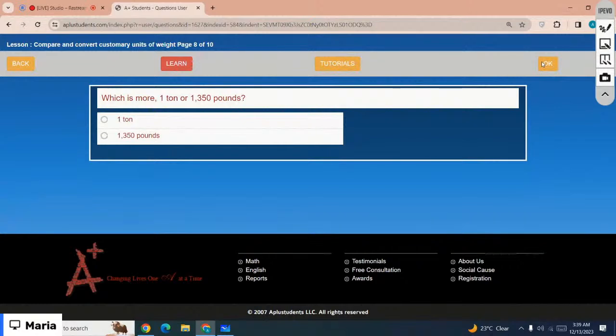Which is more, 1 ton or 1,350 pounds? Which is the correct option?